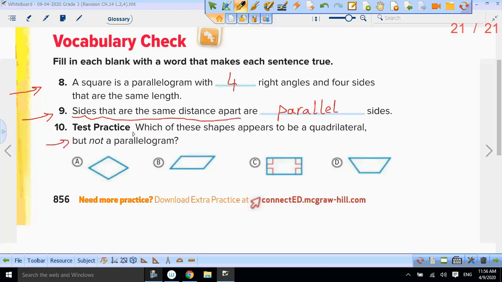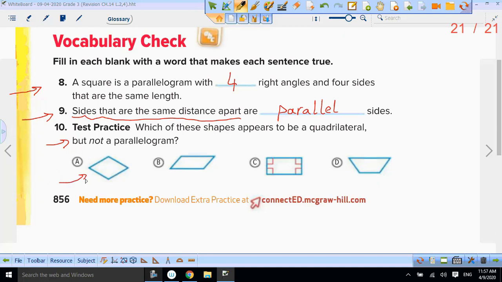Okay. Which of these shapes appears to be a quadrilateral but not a parallelogram? One can say this is rhombus, so it is not a parallelogram. No, the rhombus is one case of parallelogram.